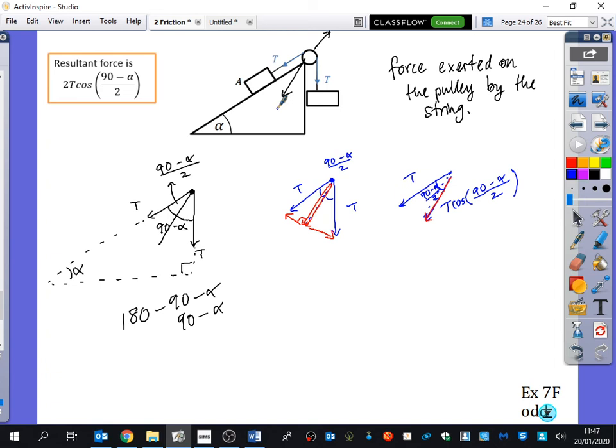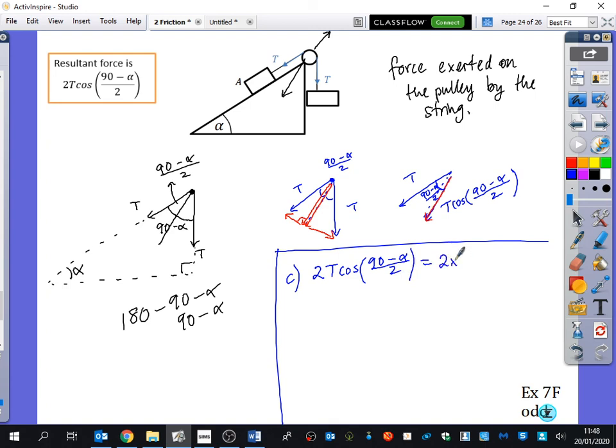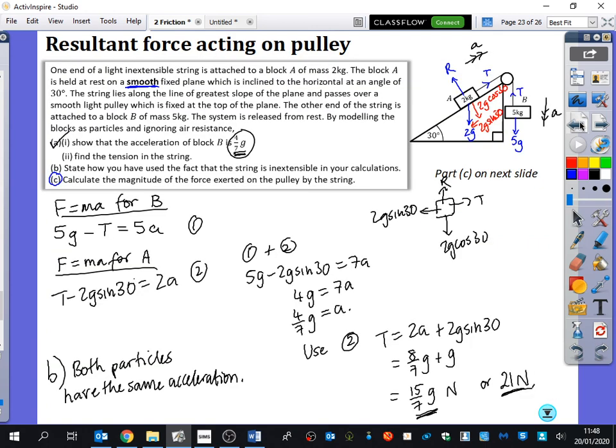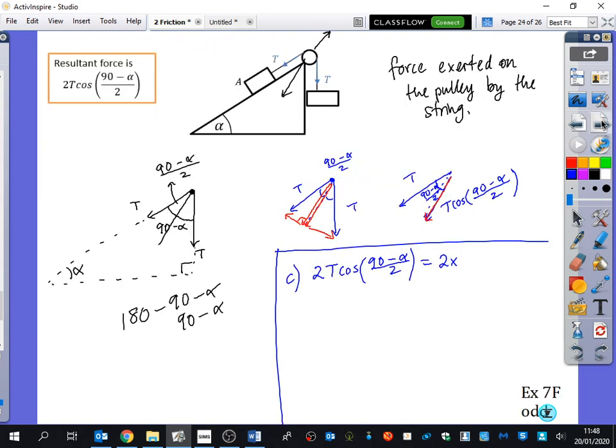So let's answer the question, which is: what is the resultant force of the pulley on the string? It will be 2T cos 90 minus alpha over 2, which is 2 times, now I think we worked out that T was 21, didn't we? It was exactly 21.